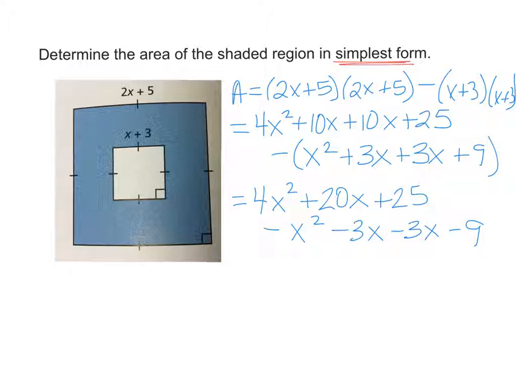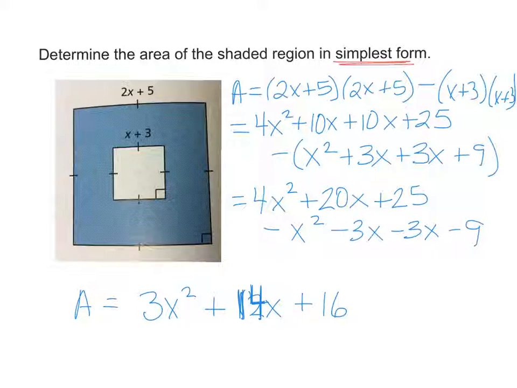When I combine terms, I'll have 3x squared, because it's 4x squared minus x squared, plus 14x plus 16. So 3x squared plus 14x plus 16.